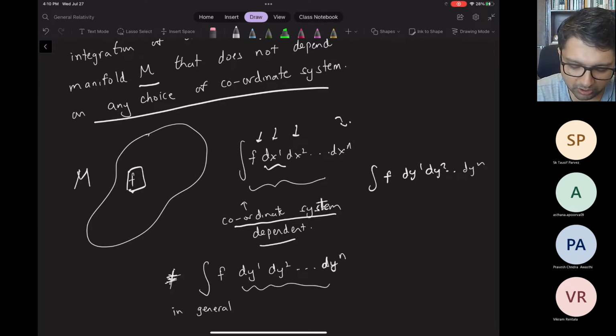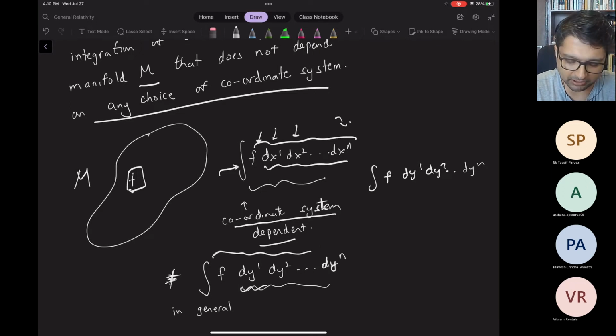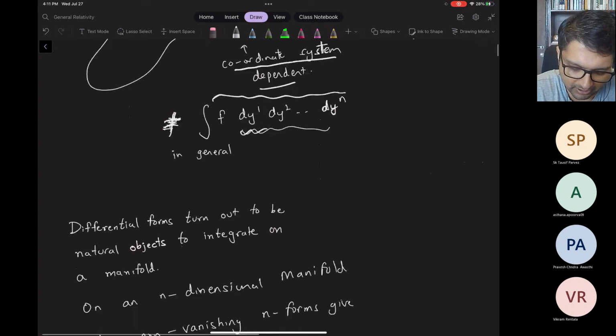So if you define your integration of this function on the manifold in this way, first of all, it would be coordinate system dependent, because you have to choose some coordinate system in which to make the definition. And that means in some other coordinate system, this would not agree. So what you'd like is a definition which is coordinate system independent. This doesn't cut it, and so you can see why the naive choice of this kind of integration will not work.